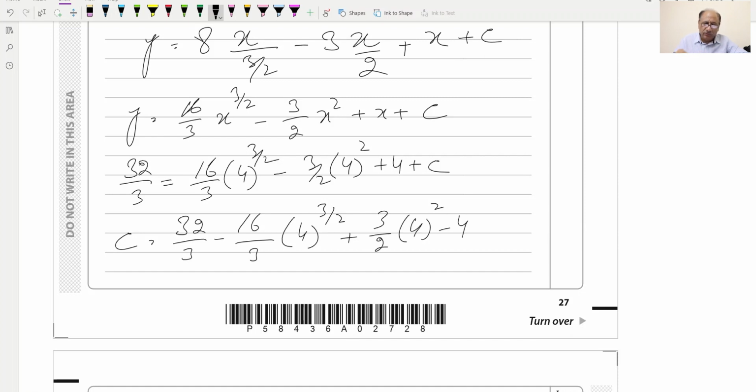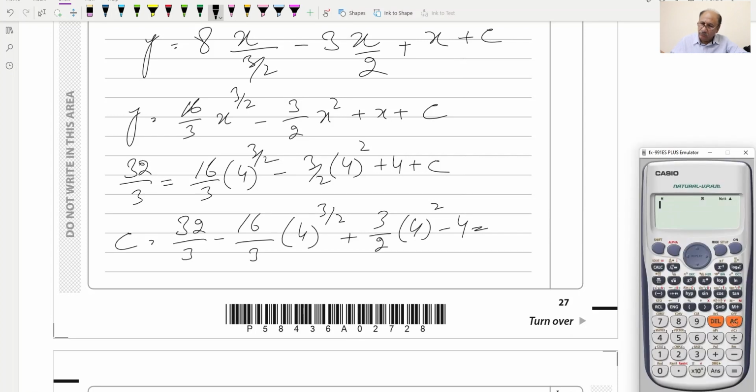And if we calculate this with the help of a calculator, it will be 32 over 3 minus 16 divided by 3 times 4 raised to the power 3 over 2, and next plus 3 over 2 in brackets 4 squared, and minus 4 is equal to minus 12.